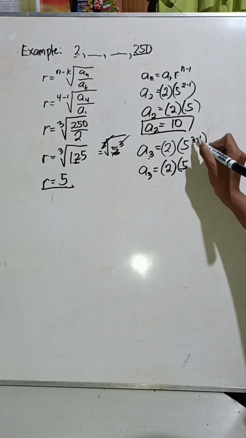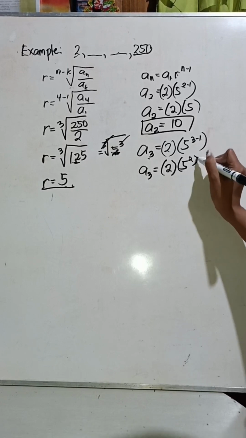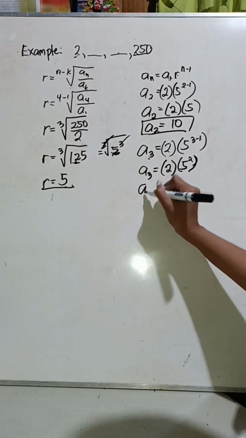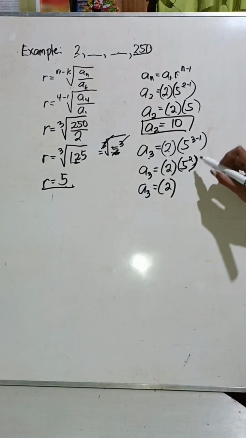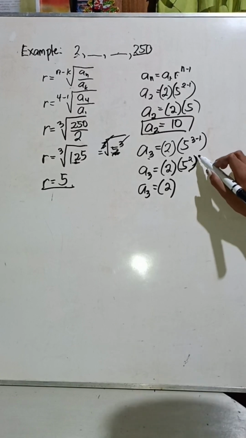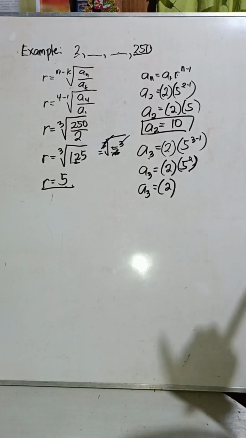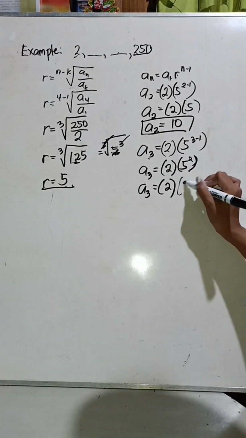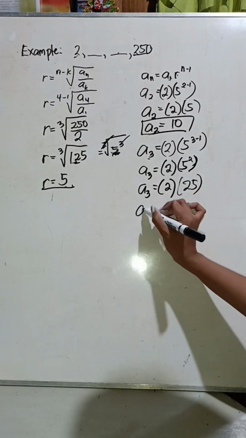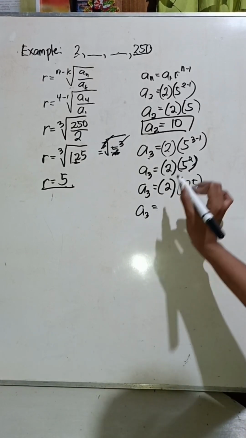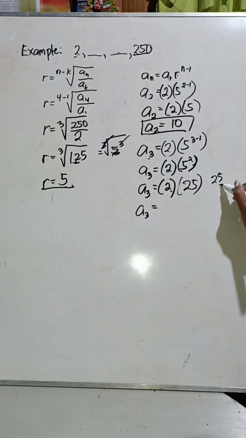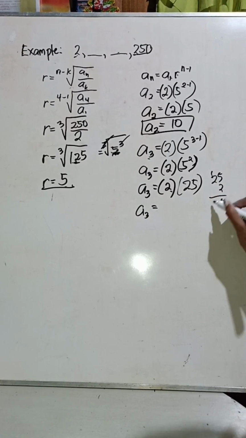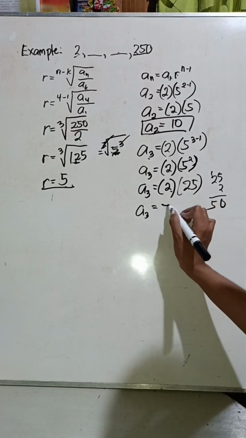Kay next is 3 minus 1 is 2. So, 5 exponent of 2. So, 5 times 5 is equals to 25. A sub 3 is equals to 2 times 25. Pila man. So, 25 times 2. 2 times 5, 10. 2 times 2, 4. Plus 1, 5. So, 50.